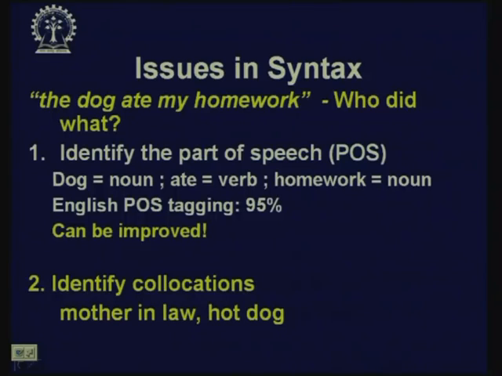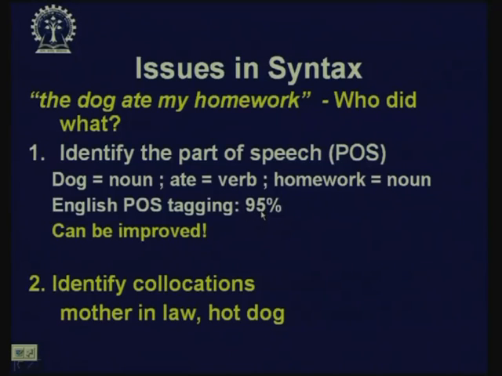In English, part of speech taggers exist with around 95% accuracy, but work is still going on where it can be improved. For Indian languages also nowadays we are working on part of speech tagging, and here also we are getting more than 90% accuracy by now.